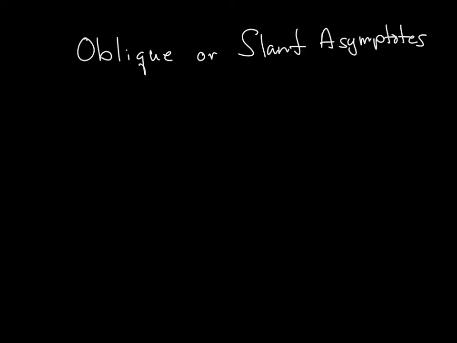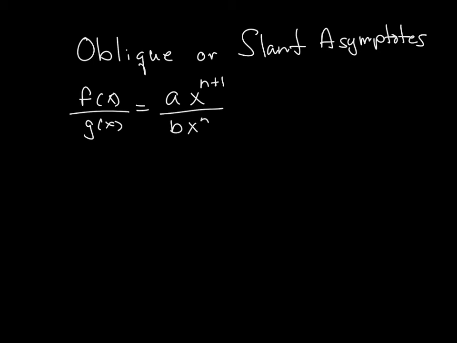All right, slant asymptotes happen when the degree of the numerator is larger. So that looks like any x to the n plus 1 in the numerator over bx to the n. In this case, the numerator has the largest degree. What happens with this is a little bit more detailed.